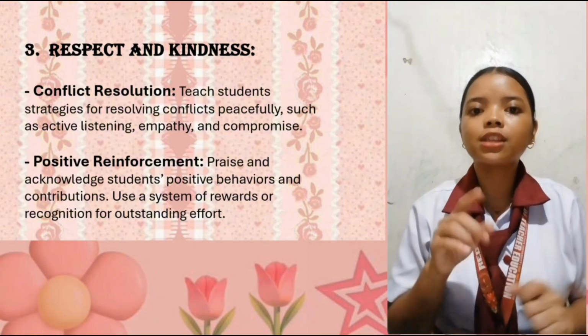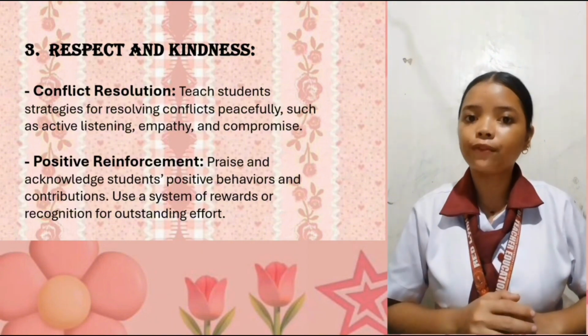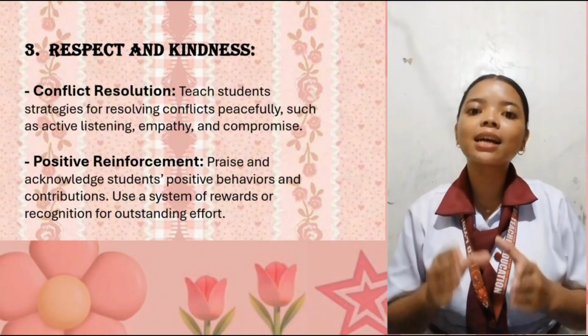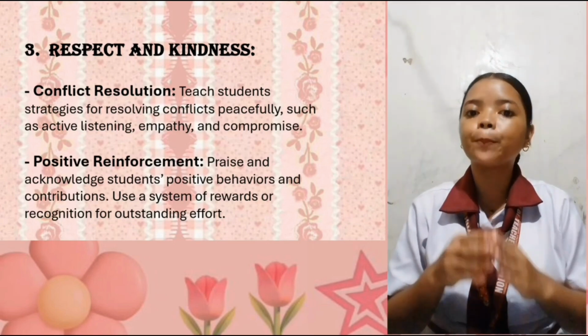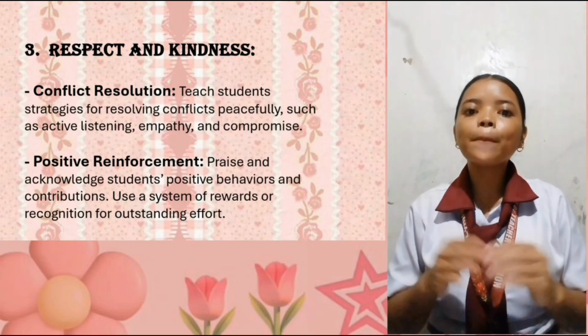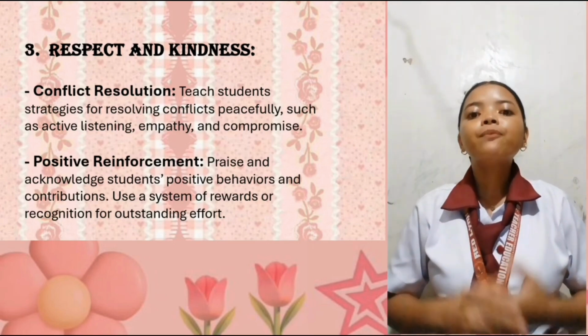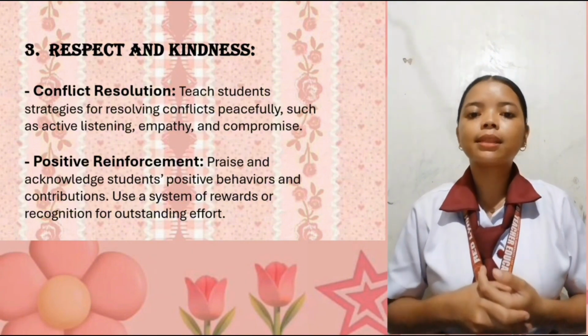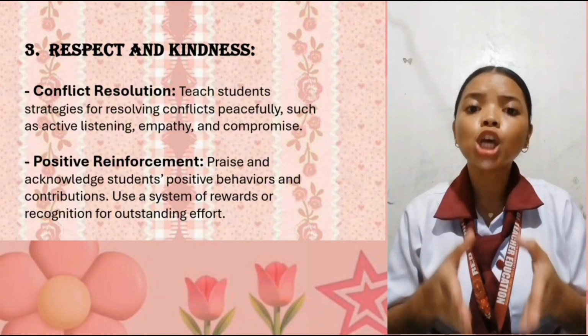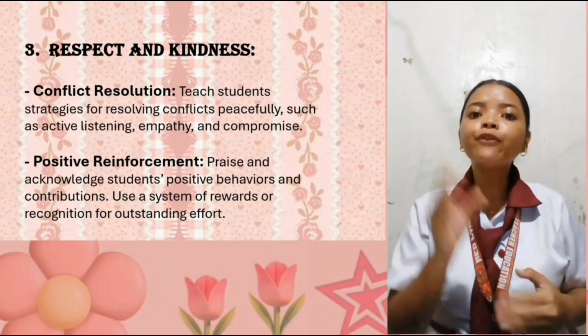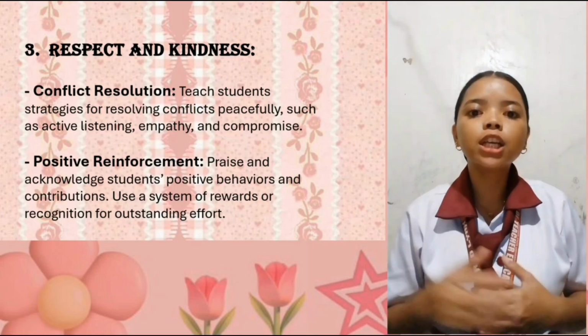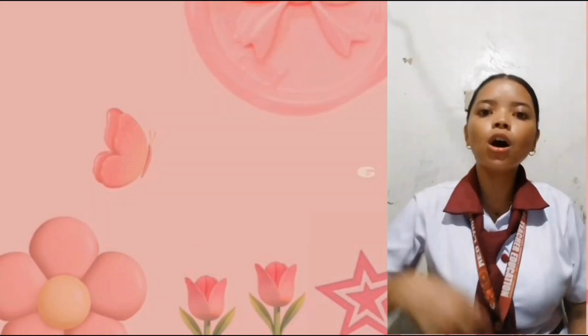Teach students strategies for resolving conflicts peacefully, such as active listening, empathy, and compromise. Also, positive reinforcement. Praise and acknowledge students' positive behaviors and contributions. Use a system of rewards or recognition for outstanding effort.